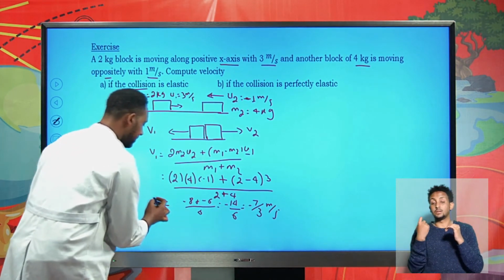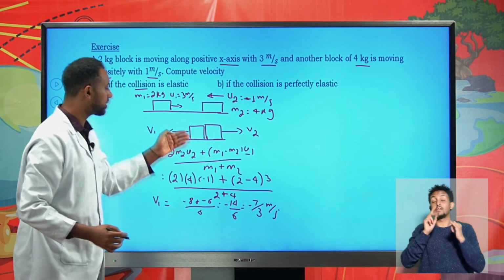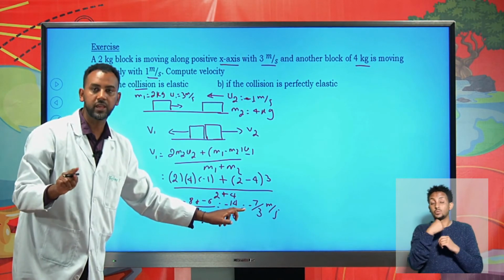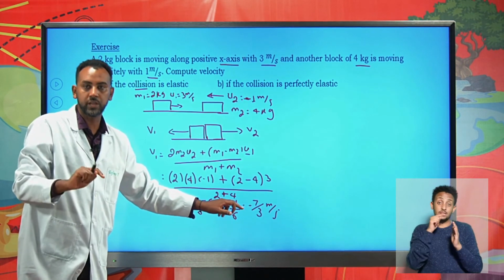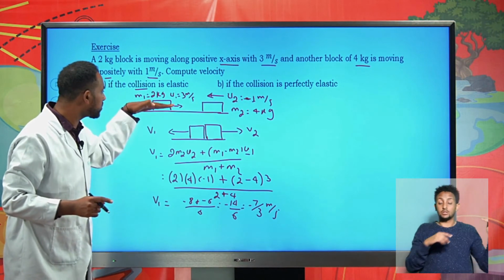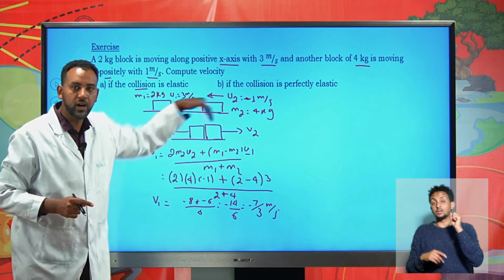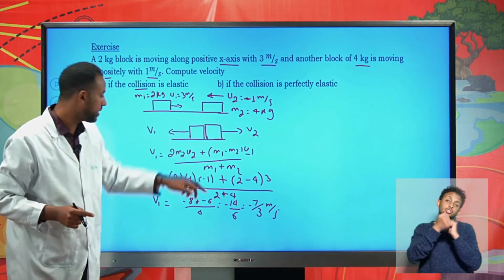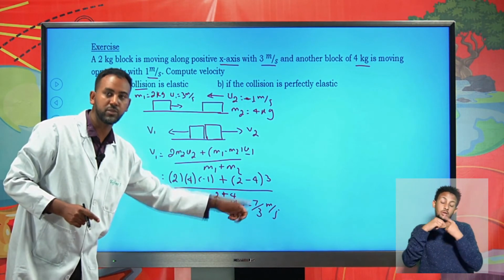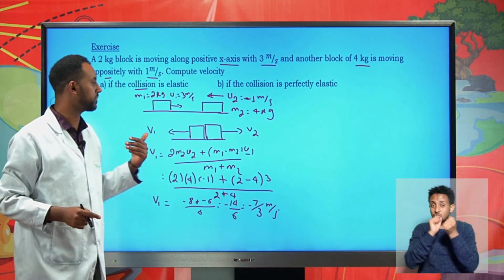This is the final velocity of particle 1, and it is negative, meaning it opposes its initial direction. The initial direction of mass 1 was 3 meters per second along the positive x direction. Now after collision it changes its direction and becomes negative.